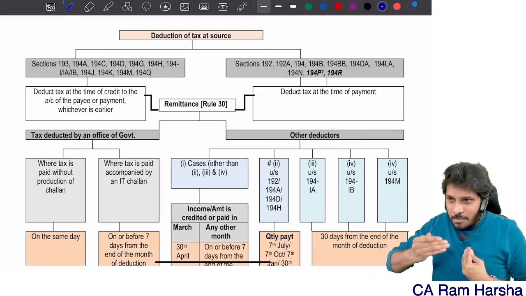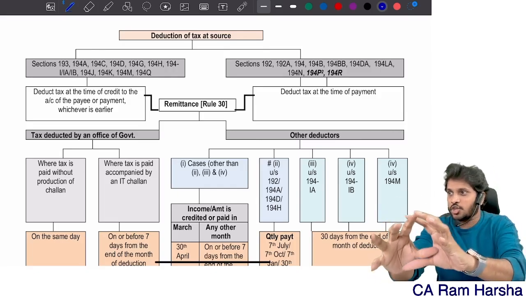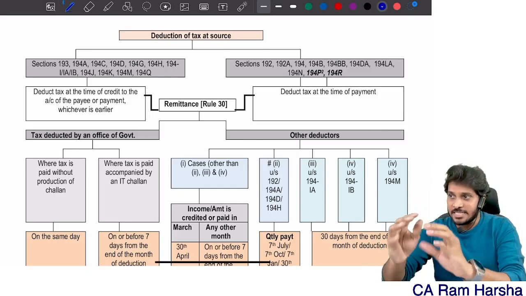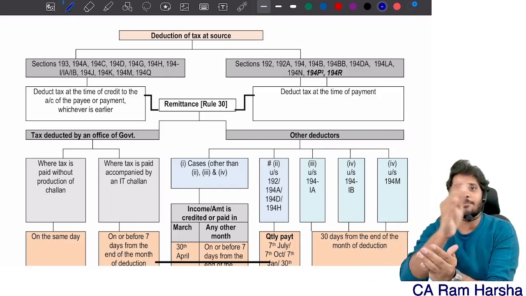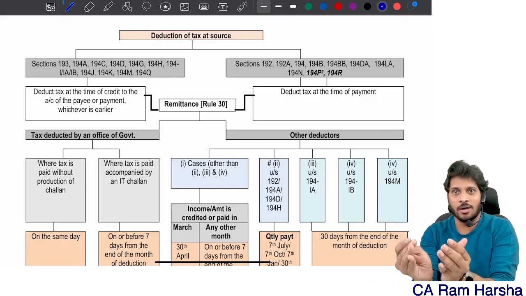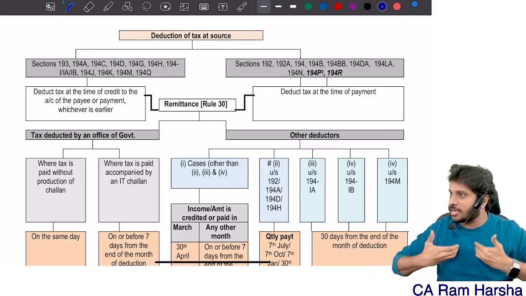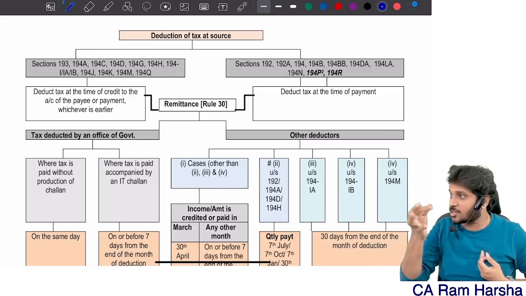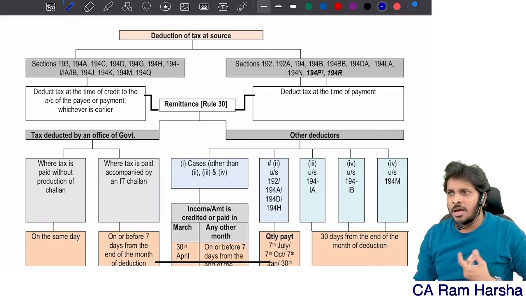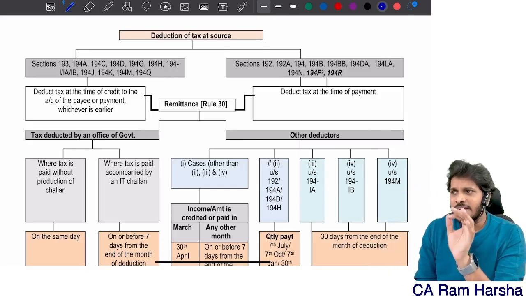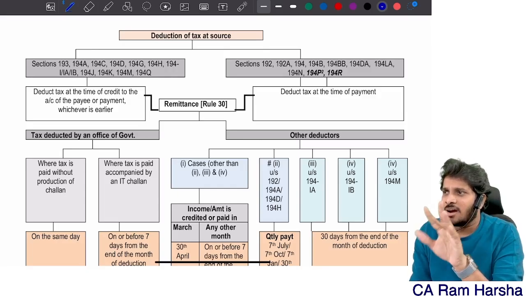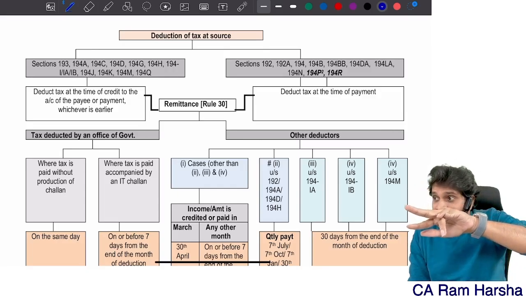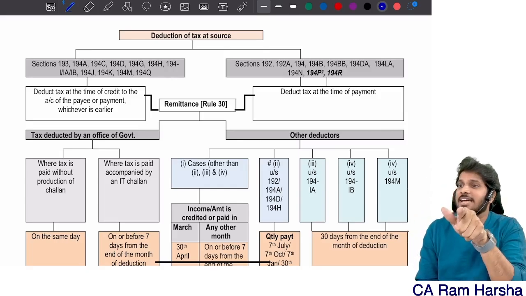The person who is paying is called the payer, but since he is deducting the tax while making payment, we call him the deductor. The deductor has to remit the tax to the department on a monthly basis. The tax he deducted, whose tax is it? The payee's tax liability.